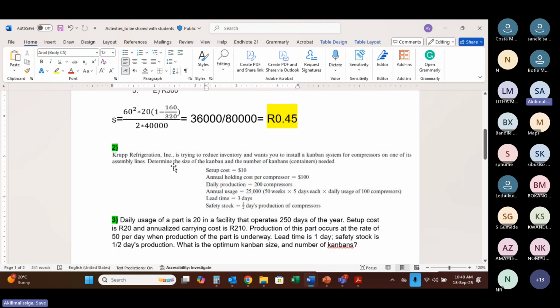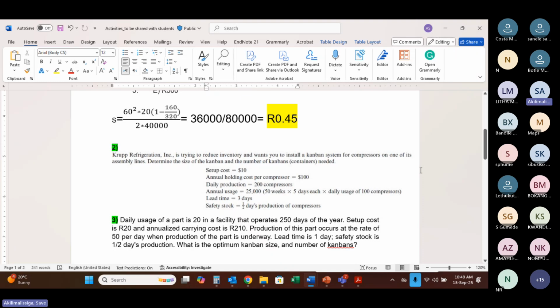So let's look at the second question. By the way, I think the test is going to have 55 marks for calculations, and the rest is for the theory.